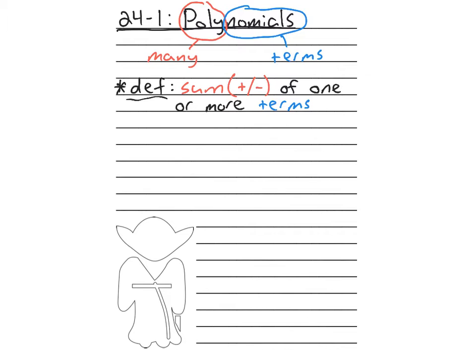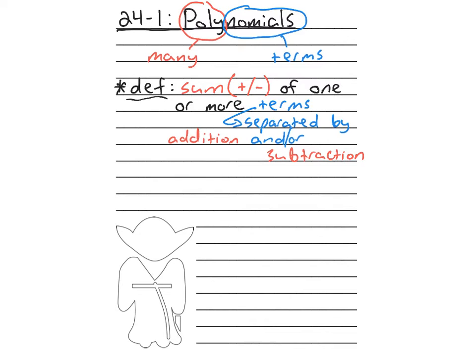All right, so a technical definition here, polynomial is the sum of one or more terms. One or more terms. Okay? Now, how do you know it's a sum? Is that they're adding and subtracting between terms. That's what actually separates terms. Terms are separated by adding and subtraction.